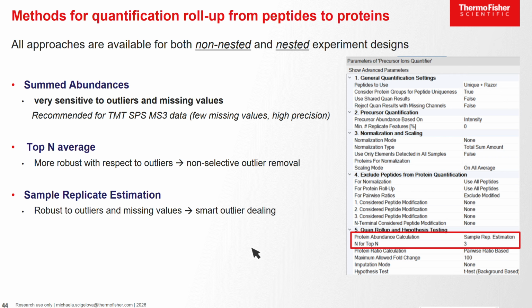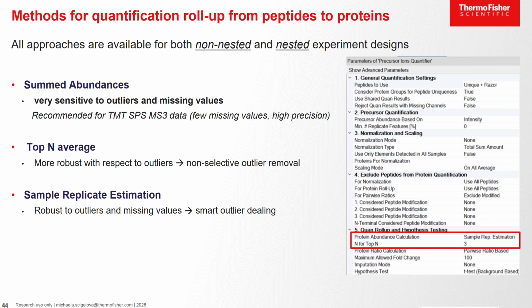In the older version of PD, you were familiar with the summed abundances approach and top N average. In version PD 3.3, we are adding a sample replicate estimation. All this is somehow powered by a way to handle in some clever way the outliers, and missing values being the specific case of an outlier here.